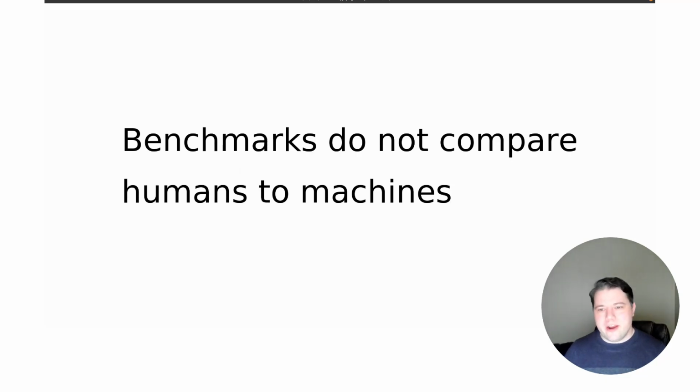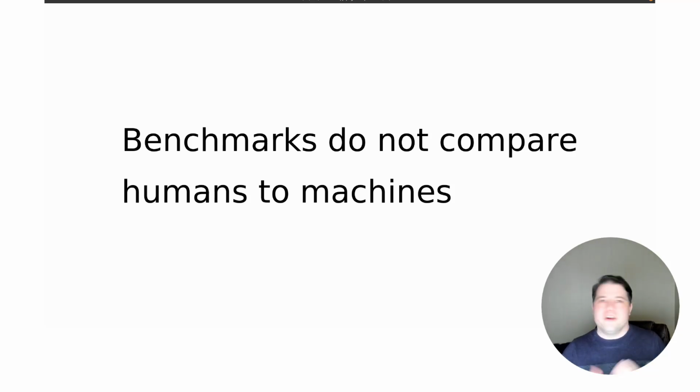And the first thing there is don't compare human performance to the performance of machines on a benchmark. When we evaluate humans through standardized tests and many other ways, we are calibrating an evaluation based on the known strengths and weaknesses of humans.